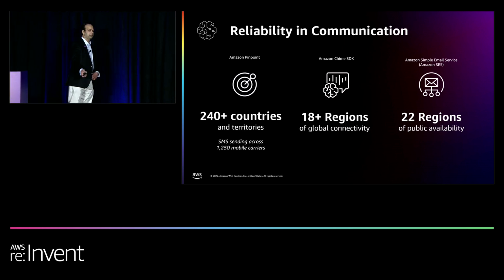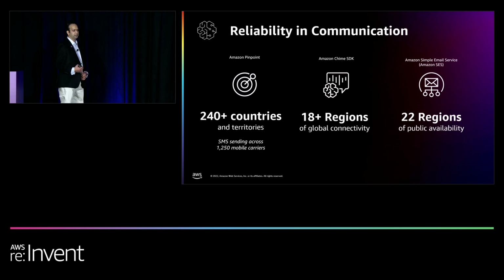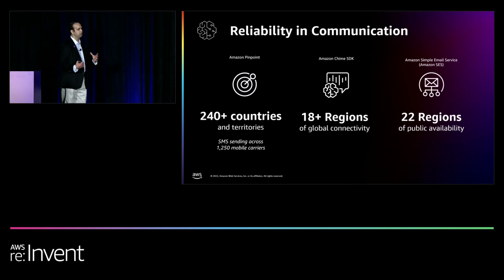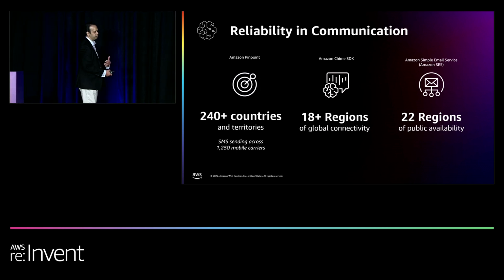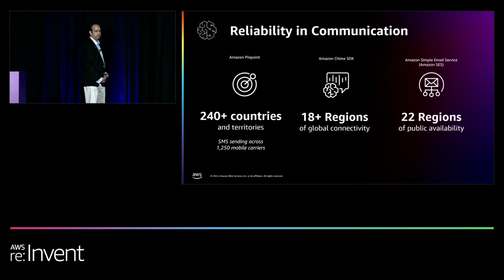It's also about GovCloud, providing data sovereignty solutions, for example, for European customers. So our global services aren't just about reliability, it's also about providing these data sovereignty, compliance and regulatory requirements as well.